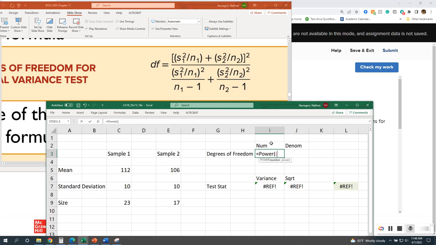And now we've got to figure out the number, which is going to have a lot of parentheses. It's going to be our sample deviation.